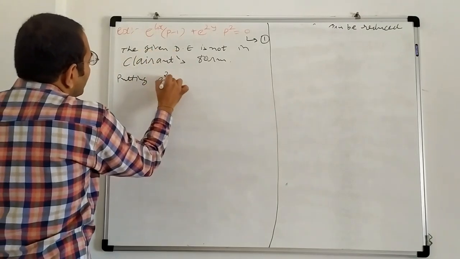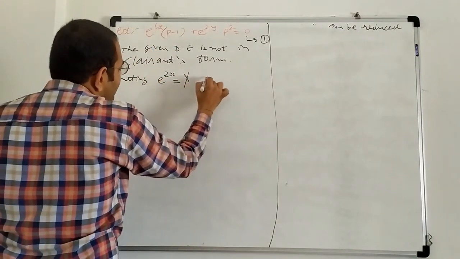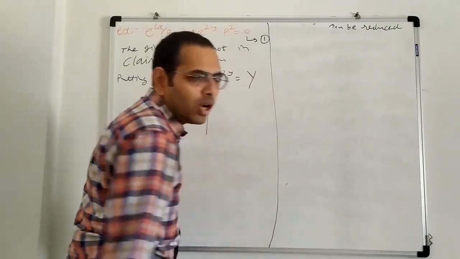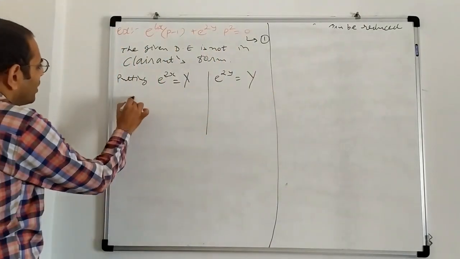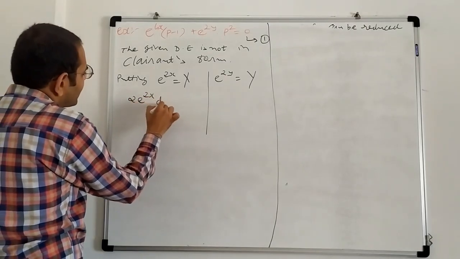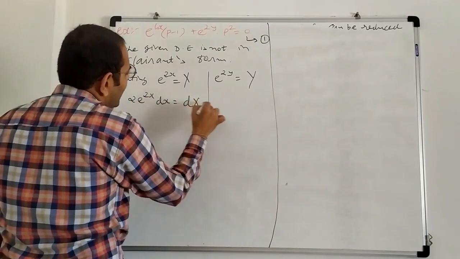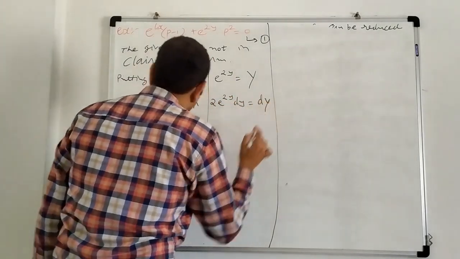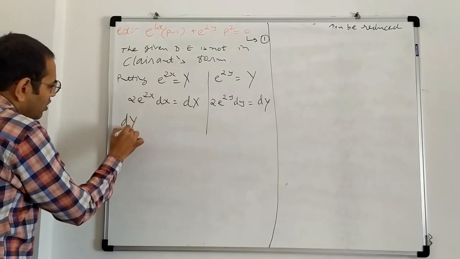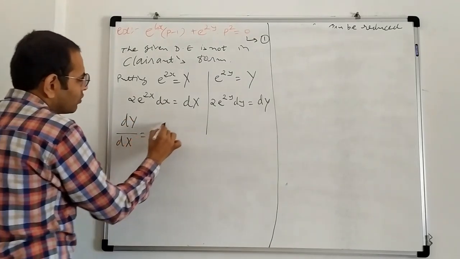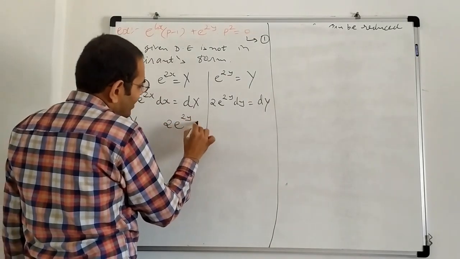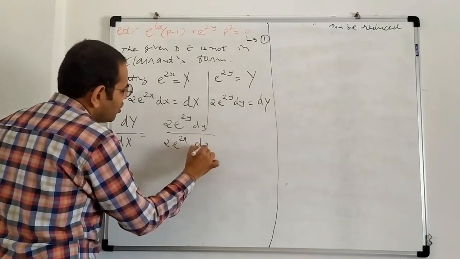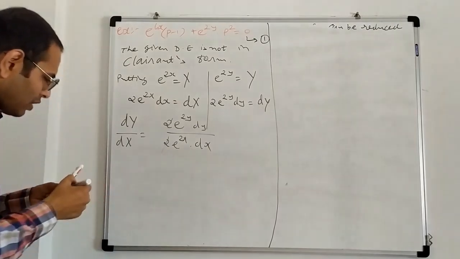Then we convert it to Clairaut form by putting e^(2x) equal to capital X and e^(2y) equal to capital Y. Then 2e^(2x) dx equals dX, and 2e^(2y) dy equals dY. Now dY/dX equals 2e^(2y) dy upon 2e^(2x) dx. The 2 cancels out.